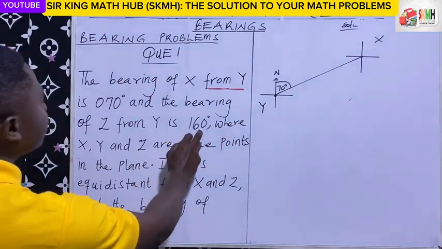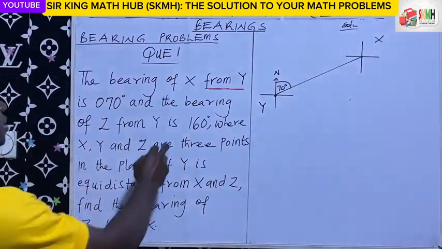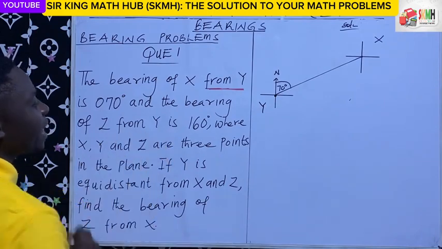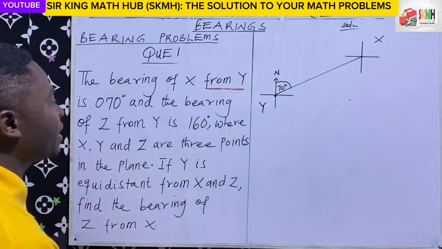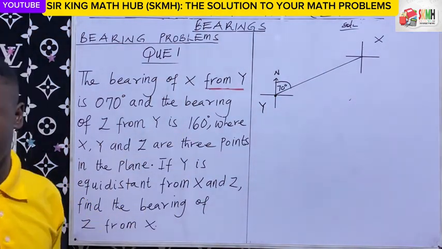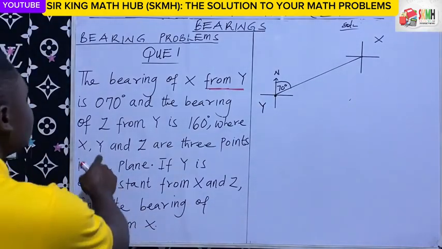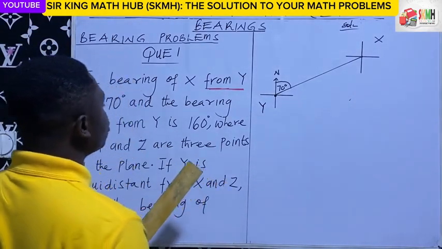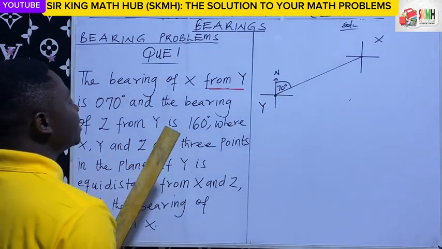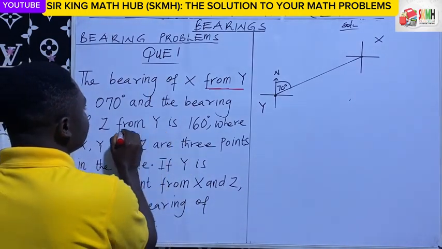Now, we're also given another bearing, that is the bearing of z from y, which is 160 degrees. So between z and y, we are also to measure 160 degrees from y.